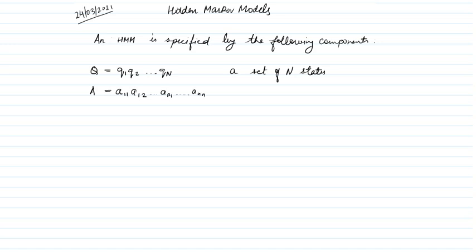So that is an n by n matrix showing the transition between n by n states. So this is the transition probability matrix A.